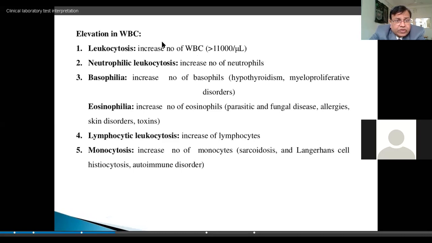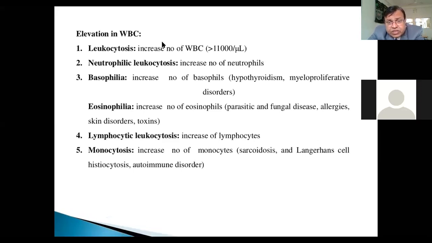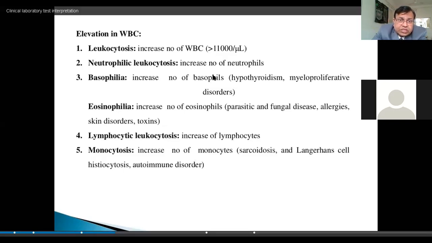Basophils increase in the case of hypothyroidism, that is a main factor. Eosinophils increase, as I told you, because of allergic reaction or common cold. Fungal disease, allergic conditions, and skin disorders are responsible for the increase of eosinophils in your body.